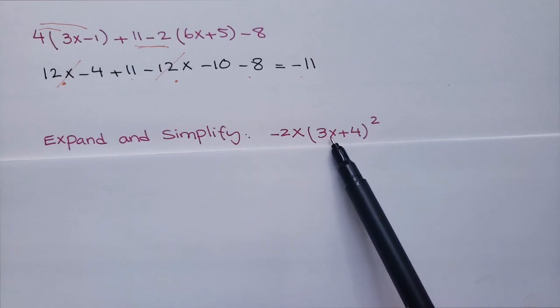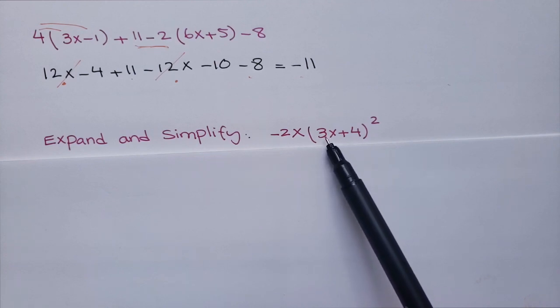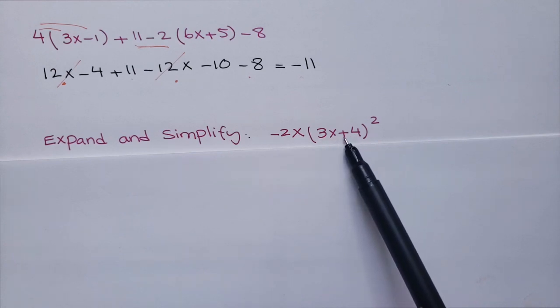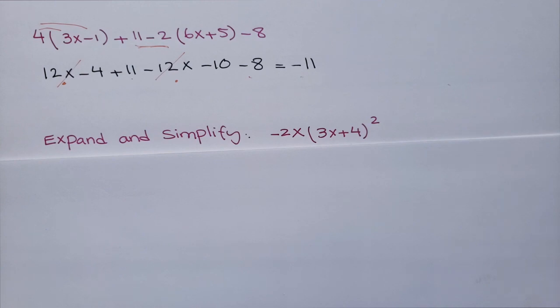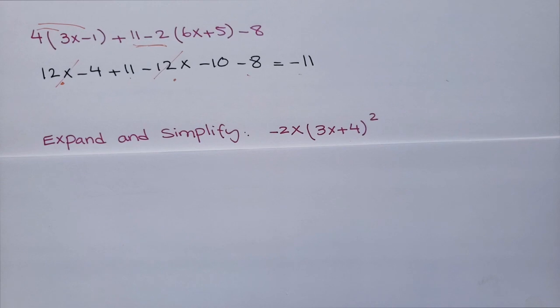So a binomial to the power 2 would be: the first term to the power 2, plus 2 times the first term multiplied by the second term, plus the second term to the power 2. This is how you can expand it. And here the exponent has priority over multiplication, so you have to expand the parentheses and then multiply by negative 2x, and after that you can see if there are like terms to add or subtract.